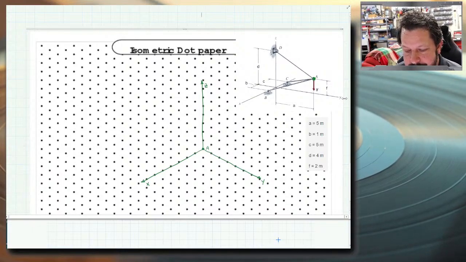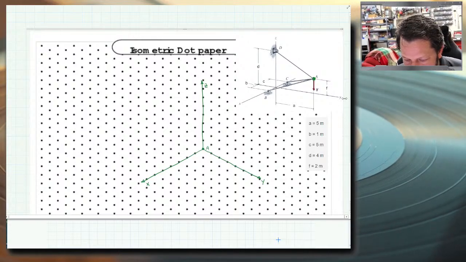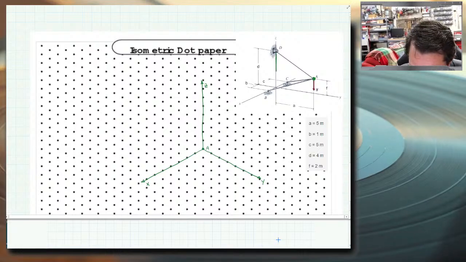That one looks to be the simplest because it's actually in the YZ plane. So I need to, from point A, go up that distance. That's D minus F, so D minus F is going to be 2 meters. So that's 2.